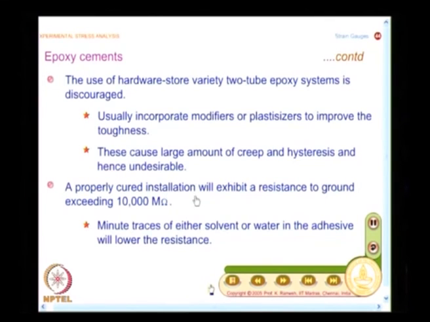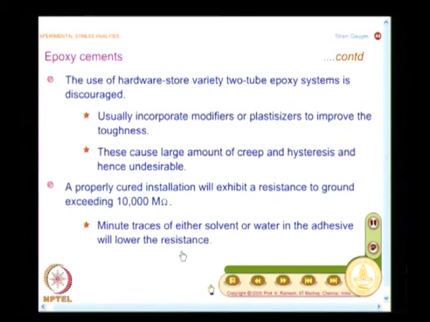And the recommendation is, if the adhesive is properly cured, the resistance to ground will exceed 10,000 mega ohms, very high resistance. If the resistance is low, it is an indication that you have minute traces of either solvent or water in the adhesive system.